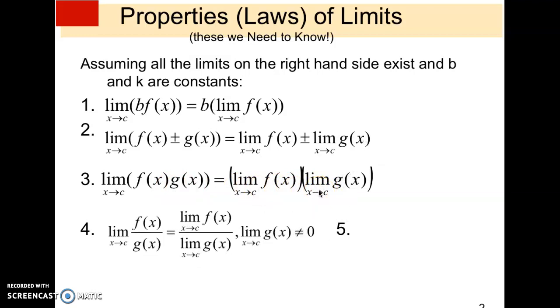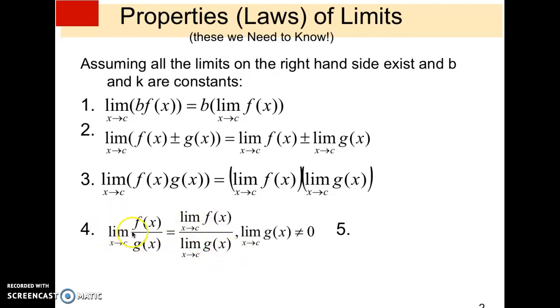Rule number four, again, is intuitive. It says if I take the limit of the division of two functions, or the quotient of two functions, then that limit is equal to the limit of the numerator function as x approaches c divided by the limit of the denominator function as x approaches c, so long as the denominator is not equal to 0, because we know that a 0 denominator is undefined in the real number system.